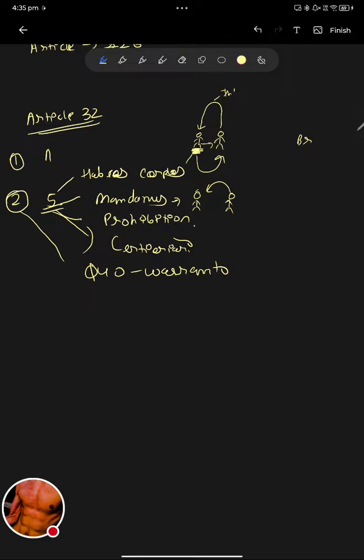Then prohibition is basically when the Supreme Court prohibits the High Court from issuing a writ. It blocks the High Court before it could issue. Certiorari is when the High Court has already issued the writ, but the Supreme Court quashes the order.